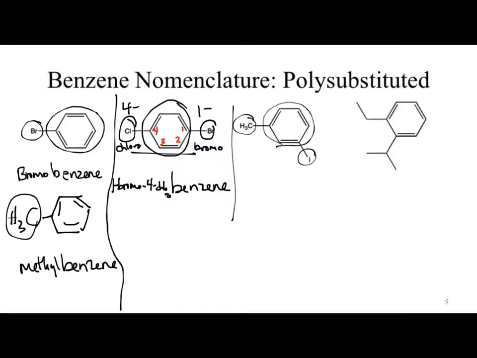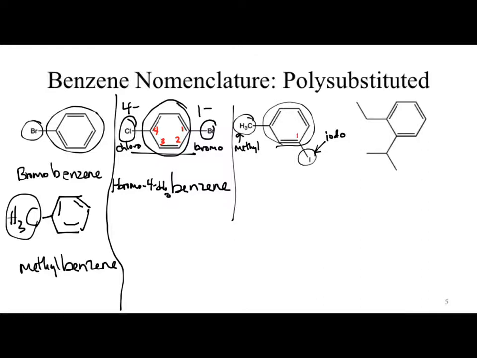If we move to the next one, our third structure here, we've got a substituent on our benzene. What's this substituent called? We've got a methyl, and we have an iodo. So we could refer to this as a methyl iodo. Where are the positions? Which one takes our priority?